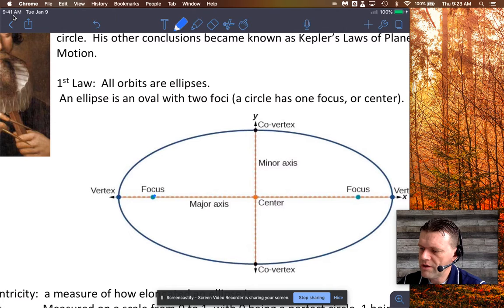What we should note here is there's obviously a major axis, which is the horizontal axis, which is much bigger, like a much bigger diameter than the minor axis. And as you can see, at any given point as you go around the ellipse, the radius is constantly changing. For our purposes, whenever we deal with ellipses, when we deal with orbits, we are going to use half of the major axis as our radius.